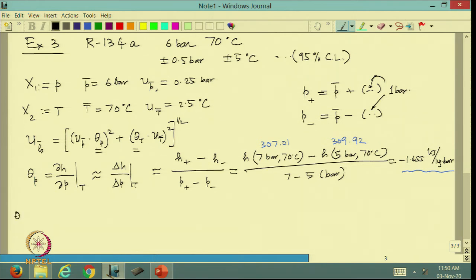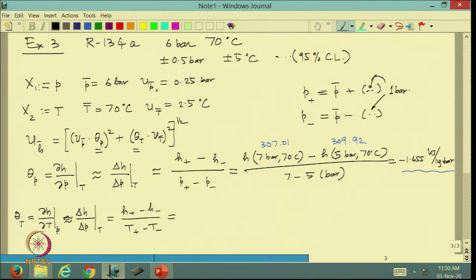Similarly, we do this for theta_T. This is dH by dT at constant pressure, and this we will approximate as the finite difference, delta H by delta T at that pressure, which as before will be H plus minus H minus upon T plus minus T minus.